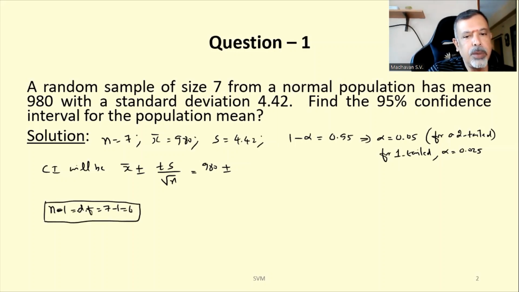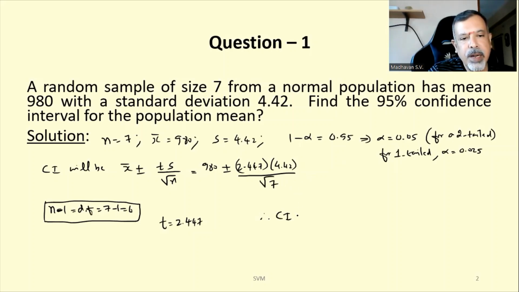We look into the tables for 6 degrees of freedom and alpha of 0.025, and we get the t value as 2.447. So it will be 2.447 times 4.42 divided by root of 7.